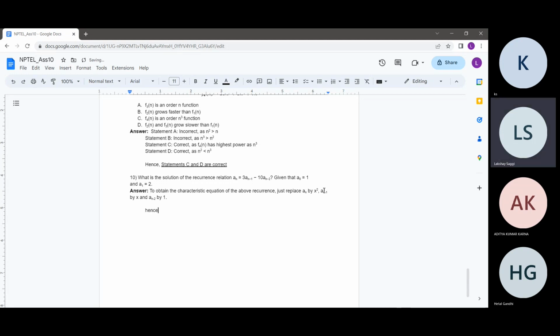So we just find the characteristic equation and we do this only. The characteristic equation here will be: a_n becomes x squared, so x squared is 3 times x minus 10.